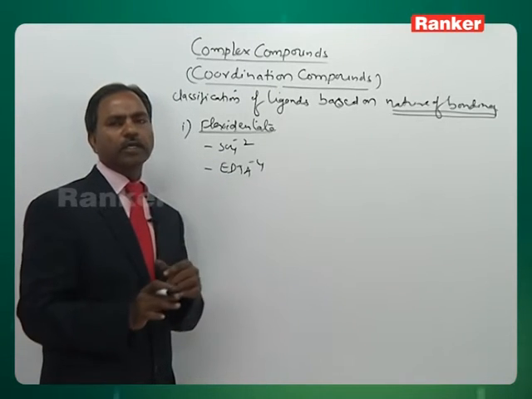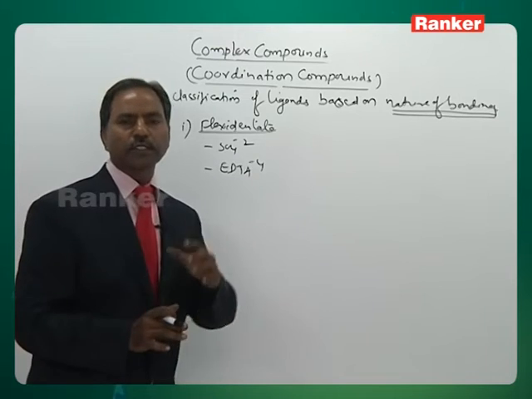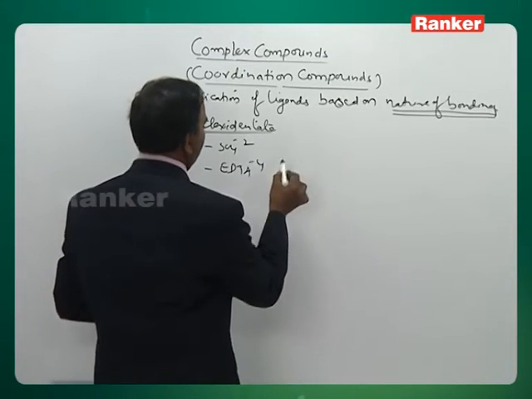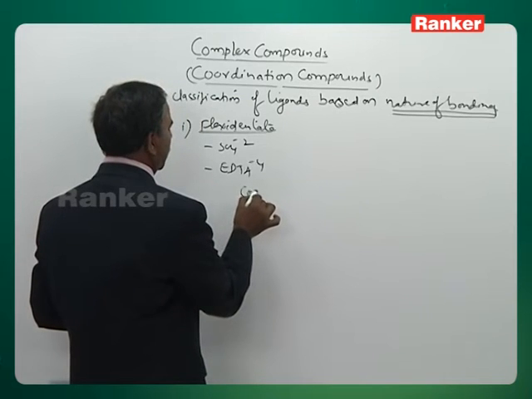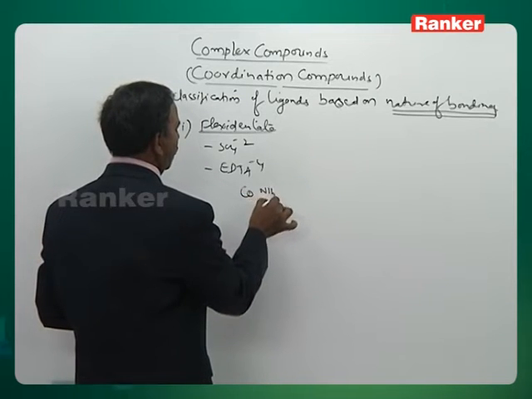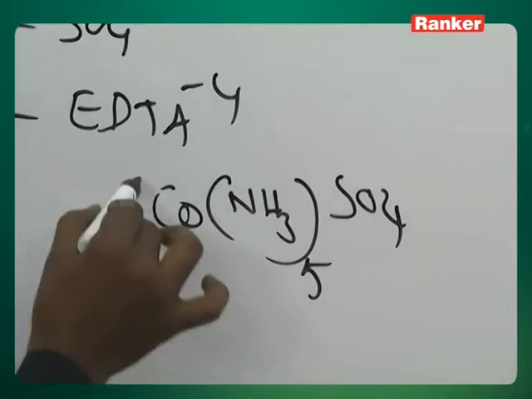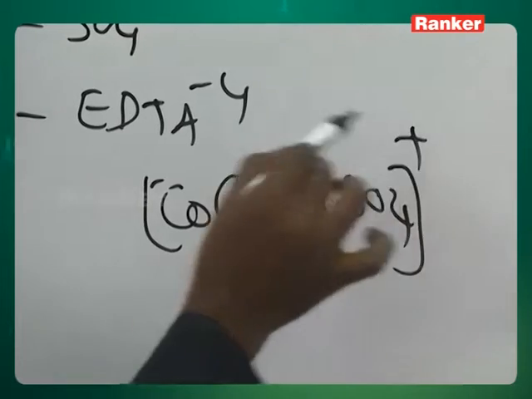Let me give one or two examples in which sulfato can act as monodentate and also as bidentate. Look here, one of the complexes I am writing on the board: Co(NH3)5 with sulfato, with a plus charge.